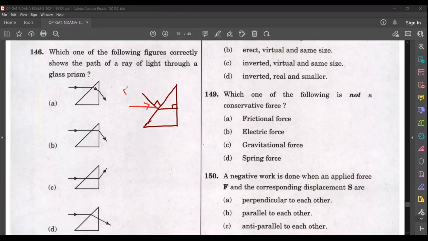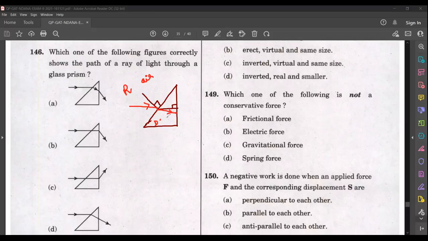It is entering from rarer medium to denser medium, isn't it? Glass is obviously denser medium than air. So here it is air. So this is rarer medium. So when it enters from rarer medium to denser medium, it will bend towards the normal.